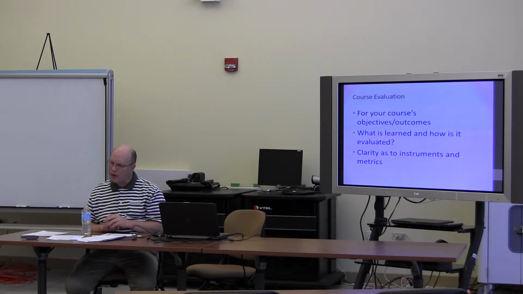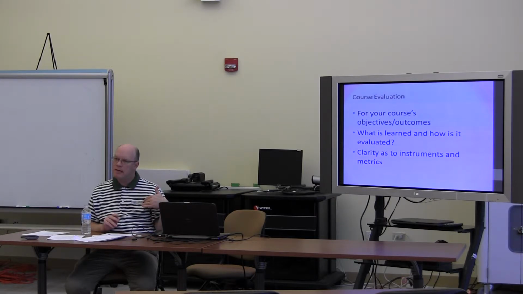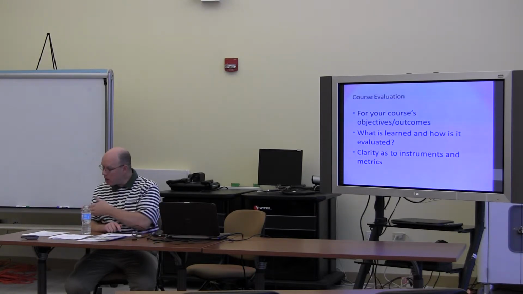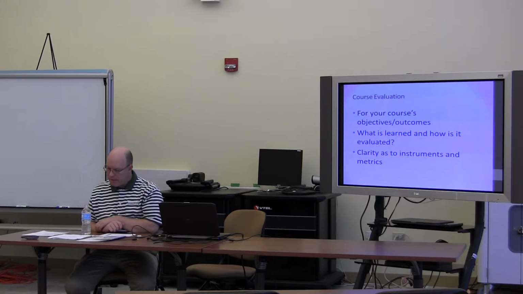Is there a rubric, perhaps, for A, B, and C knowledge production or performance that would tie into the outcomes and objectives stated on the syllabus? Is it a quantitative metric, A, B, C, or D?